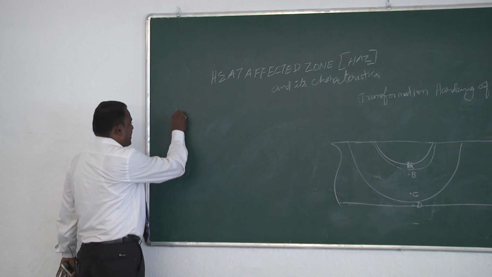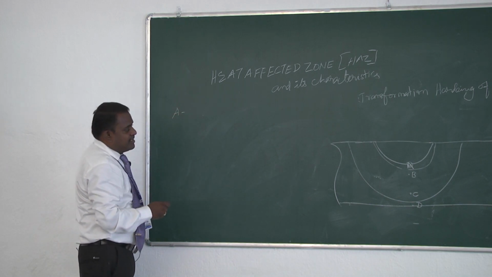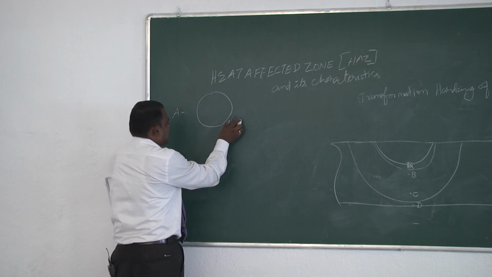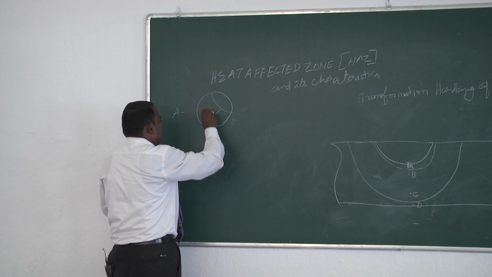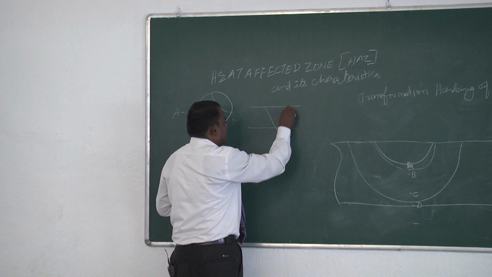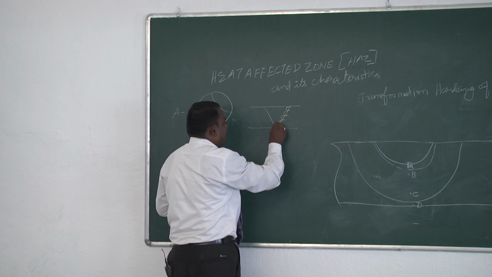The region A will have a partially melted region. This is because the weldment will have partial melting.